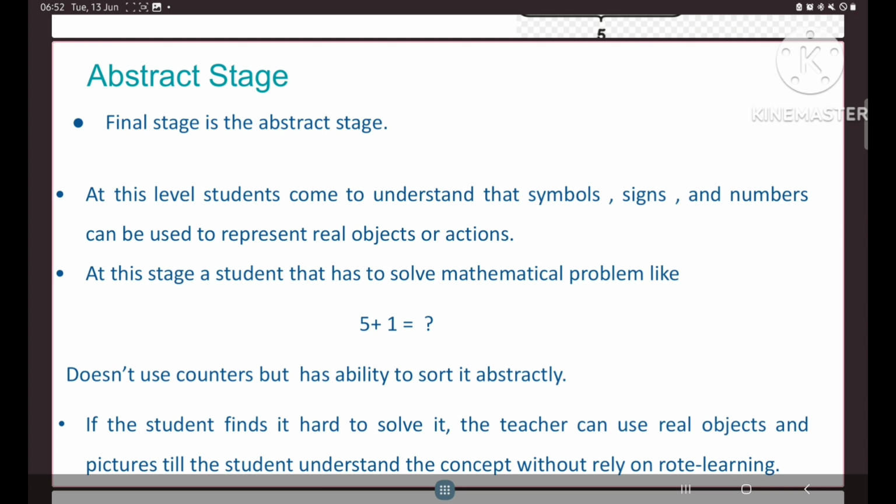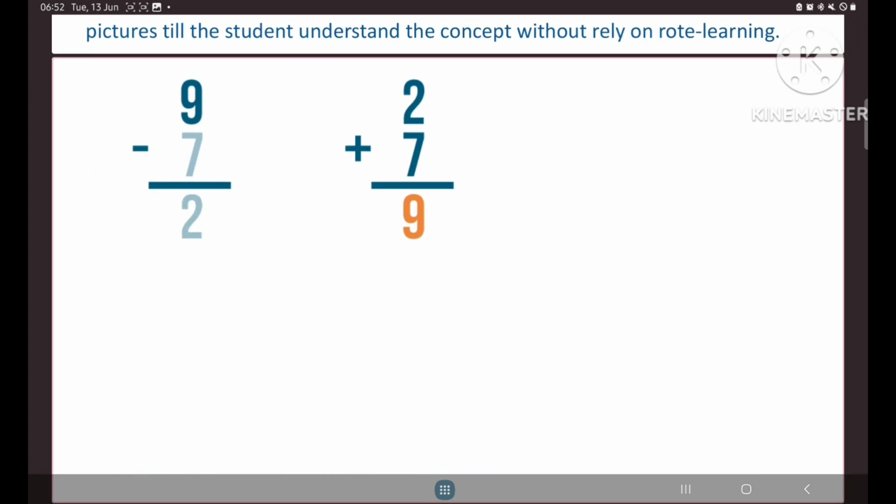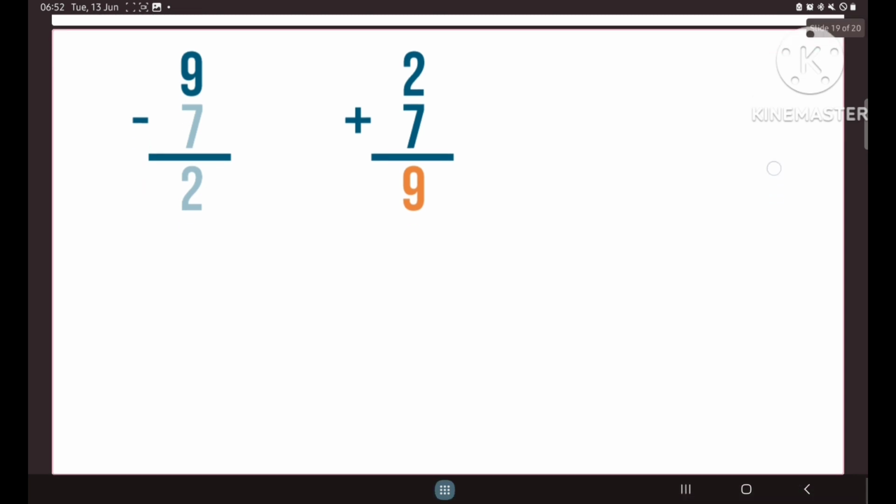If the student finds it hard to solve it, the teacher can use real objects and pictures until the student understands the concept without relying on rote learning. These are the examples of abstract learning.